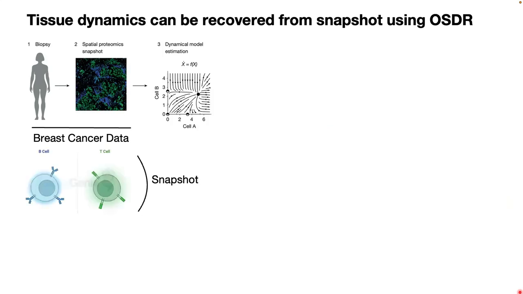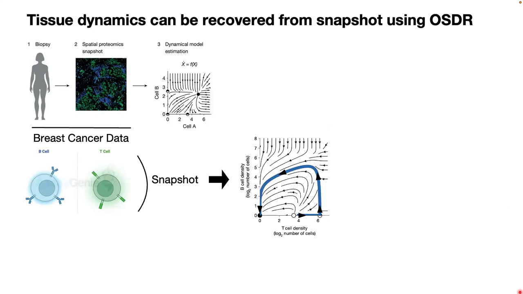In the same breast cancer data, they also have the snapshot for the T cell and B cell. They also draw this phase diagram, and this phase diagram is really interesting. First, they have the stable fixed point at 0.